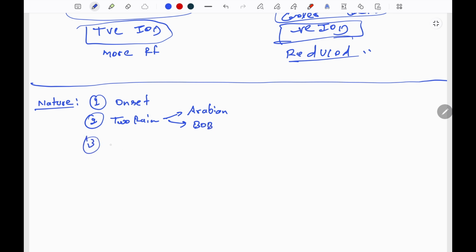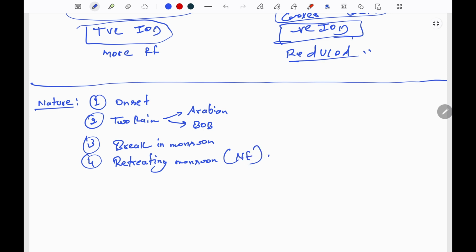Third, we will be learning about break in monsoon, and before that, fourth, the retreating monsoon, and the northeastern monsoon.